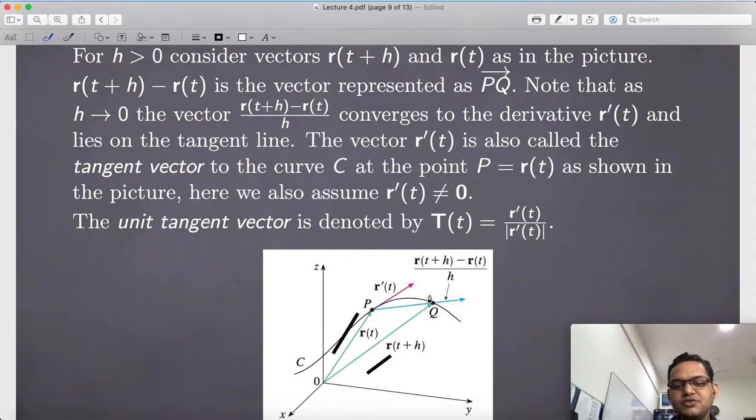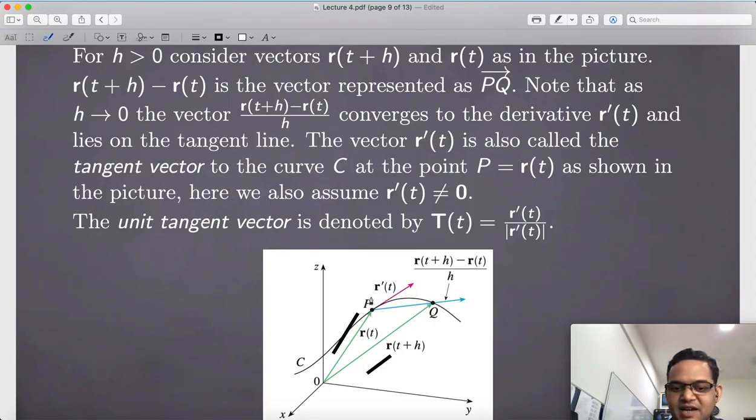So basically this is our curve, and I started with a point P on it, and then looked at this difference quotient. I should not call it a ratio because this is a vector and this is a scalar, so this is a scalar multiple of this vector. As h goes to 0, this vector is coming closer to this vector, and the direction of PQ is going to approach the direction given by this.